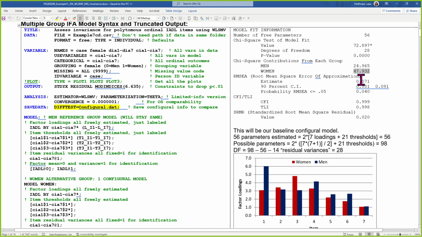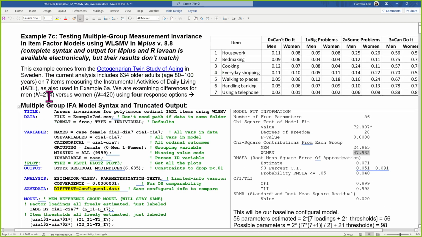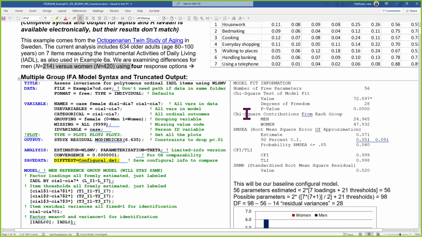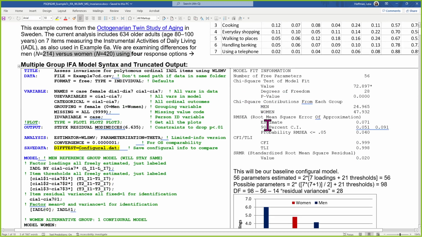Do you know why their chi-square contribution is higher? There's more of them. That's why. There's 420 women and only 214 men. Because people in their 80s, that is the gender balance at that point. Men tend to die sooner than women. So our study has a lot more women in it, and that's why the chi-square contribution is higher.